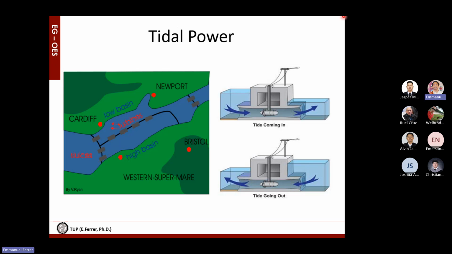So dito sa illustration on the right side, tide coming in, and then tide coming out. So you can see the difference in the elevation or yung height ng water. Okay. And dapat yung design ng turbine reversible din, ano.